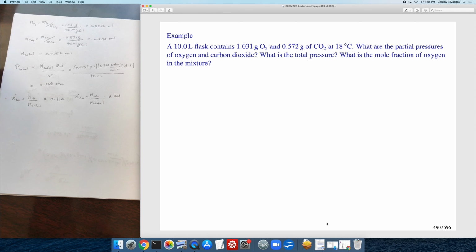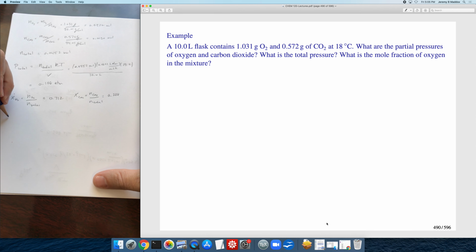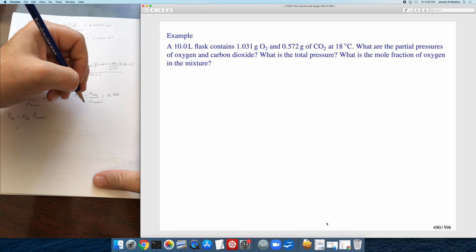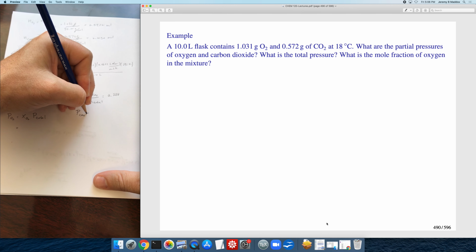To get the partial pressures of O2 and CO2, I'm going to take the mole fraction times the total pressure.